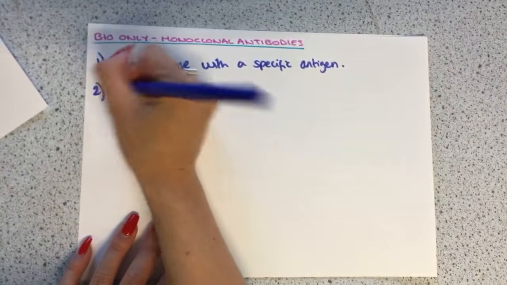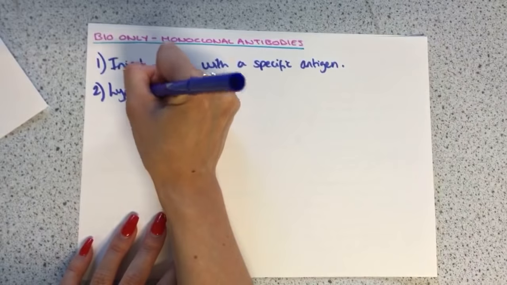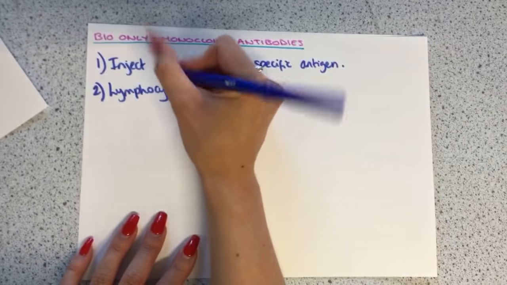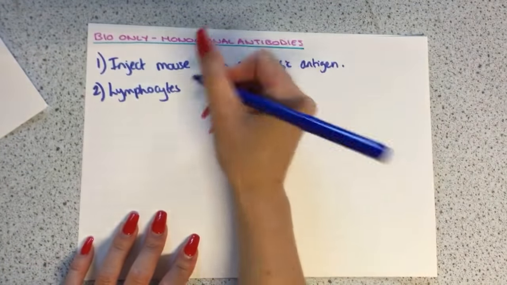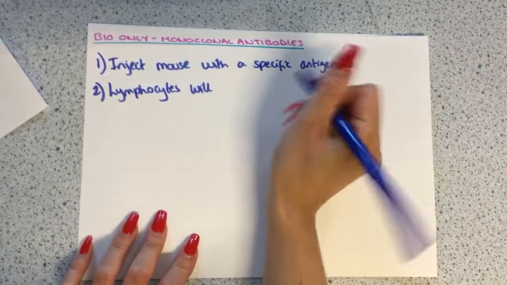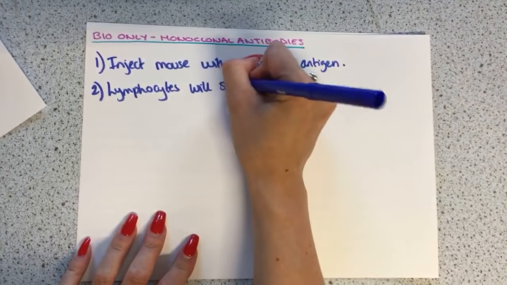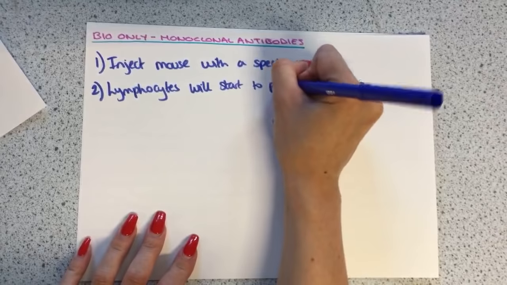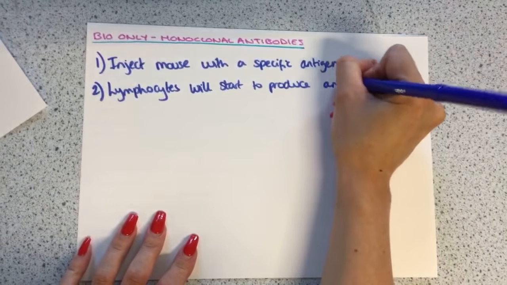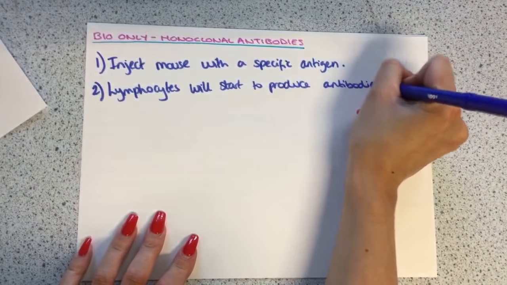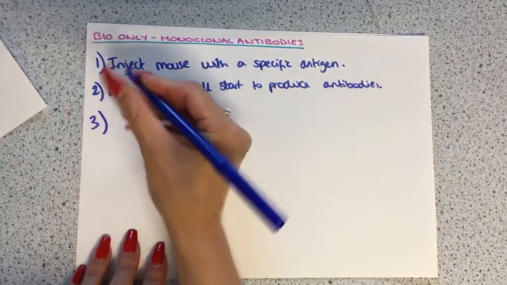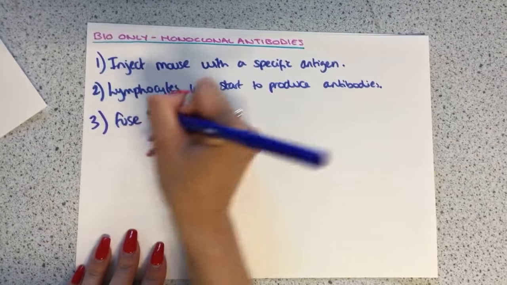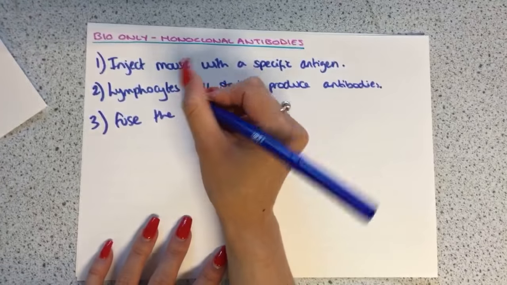Okay, the mouse's lymphocytes, and hopefully you should know what I'm talking about because I've just been over this. The lymphocytes from the mouse will start to produce antibodies against the antigen. You then take the lymphocytes and fuse them with a tumour.